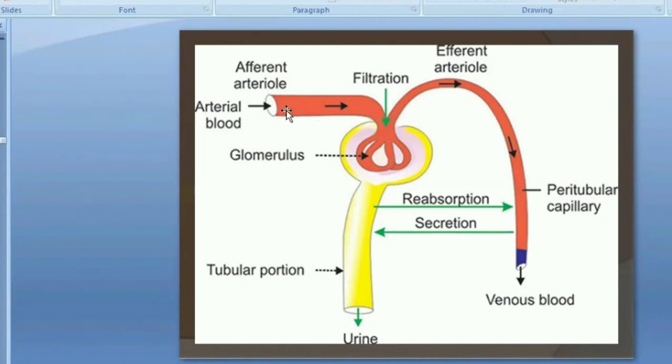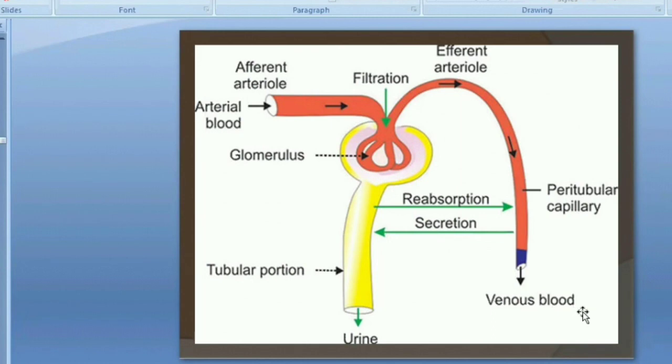That means 80% of the blood entering the afferent arteriole is destined to flow through the efferent arteriole. The 20% that remains is being filtered in the glomerulus, in the glomerular capillaries, and from this the glomerular filtrate is formed. That glomerular filtrate ultimately passes through the tubules.